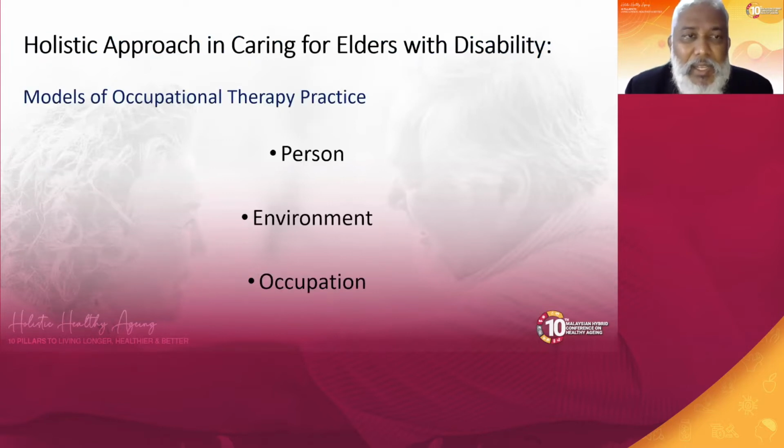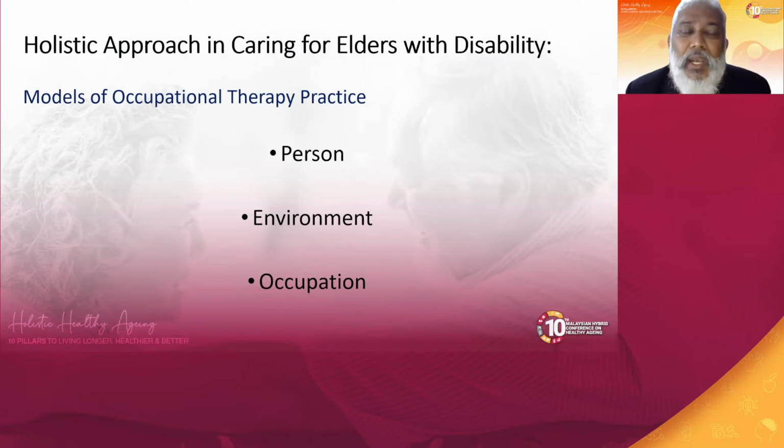When we talk about disabilities, it should be a holistic approach in caring for them. We use many models of occupational therapy, and the most important is person, environment, and occupation. An occupation is whatever a person is doing in their own environment.